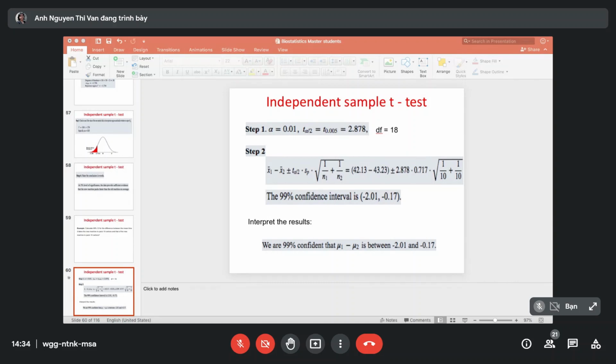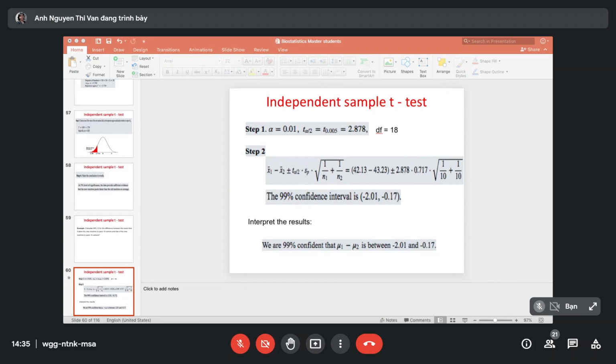Okay, so can you explain about this confidence interval for mu1 minus mu2? So you see here, mu1 minus mu2 is between... We are 99% confident that mu1 minus mu2 is between minus 2.01 and minus 0.17.